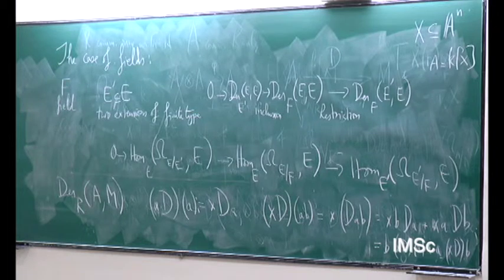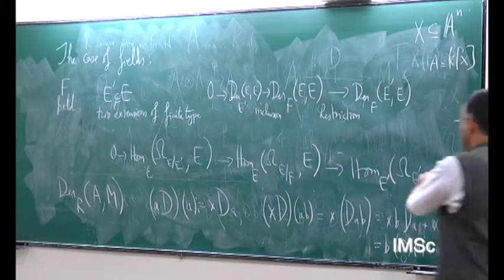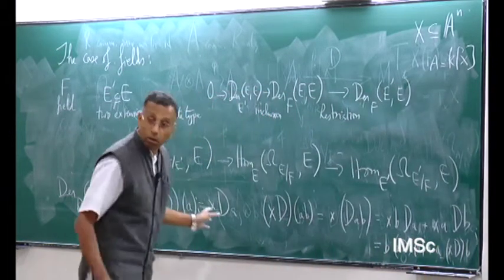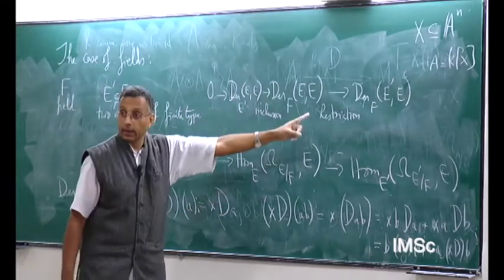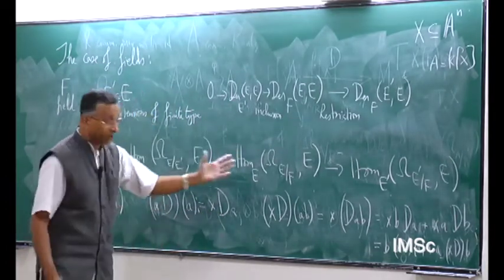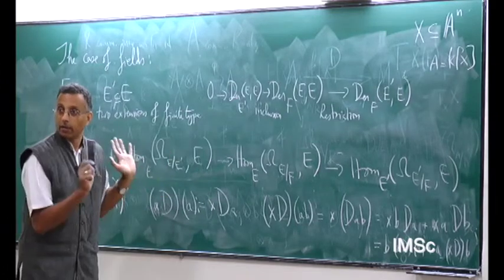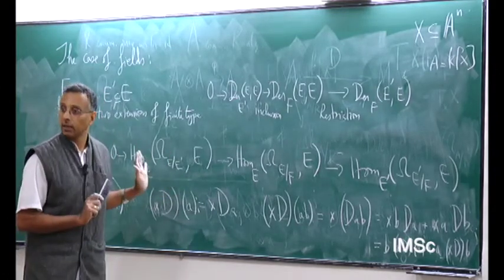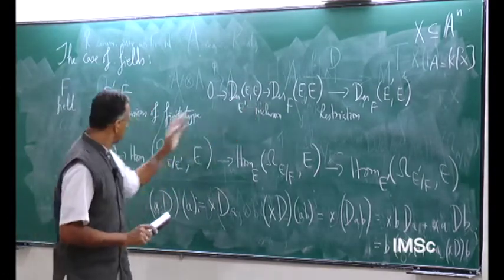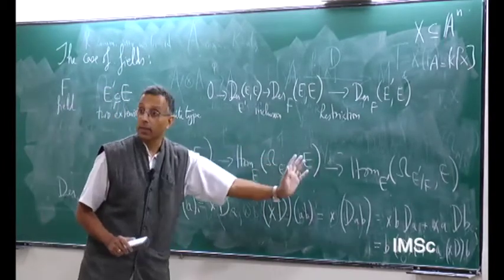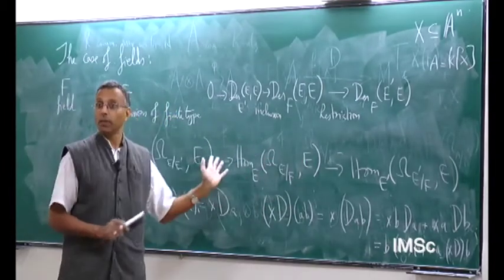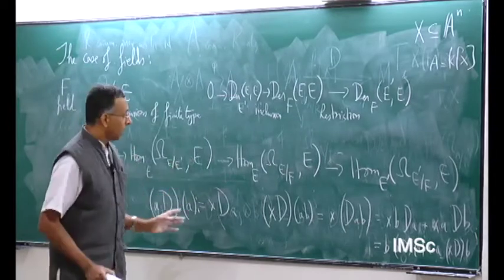It is natural to expect that if I have a thing like this, then I do have this, right? At the moment, just think of this as somehow the same as this, and there should be natural maps here, okay?